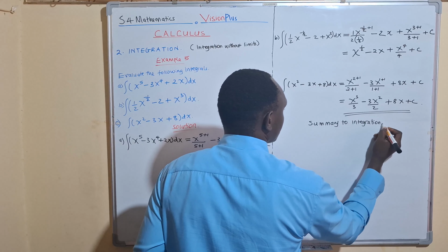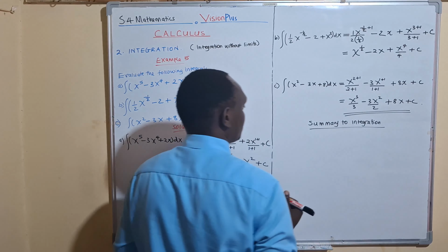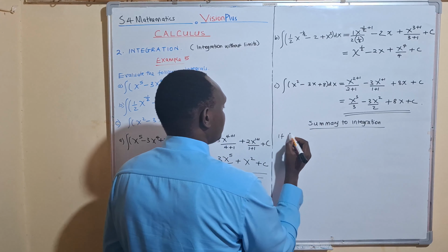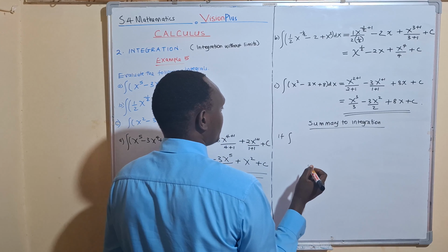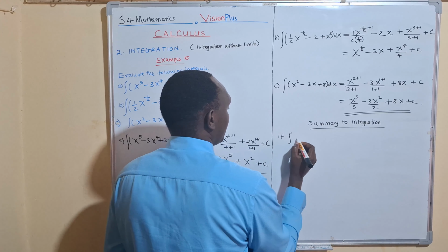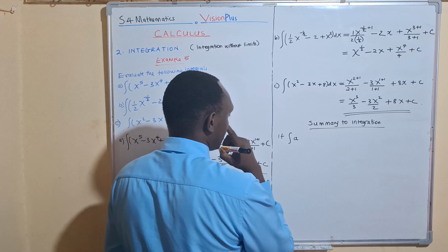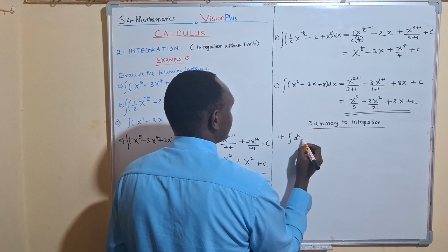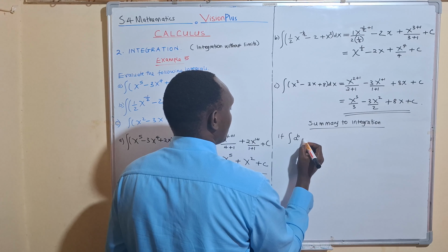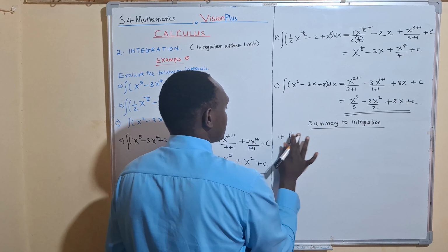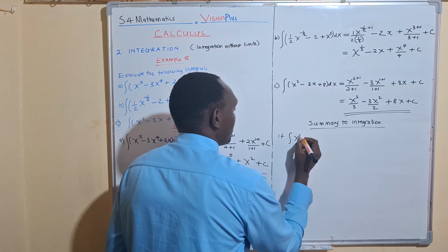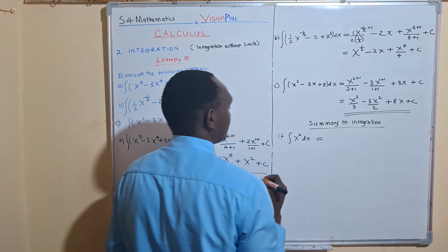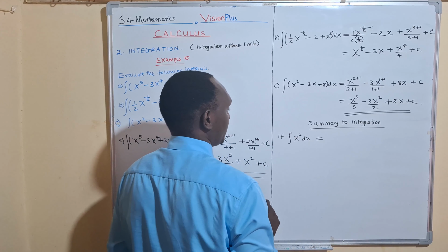of these simple curves or functions or expressions is that if you have the integral of x power a, what we do here simply is we add 1 to the whole power of x.